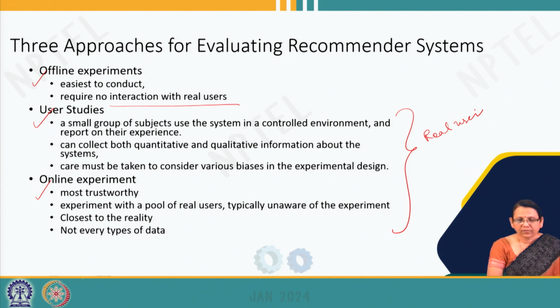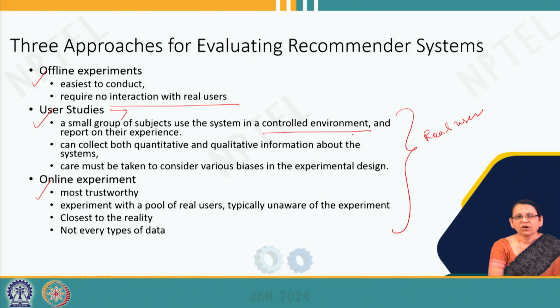In the first kind, that is the user study, you have the real user, but you have a controlled environment. Which means you are available as an evaluator, you are there with the subjects and guide them on how to participate in the experiment.